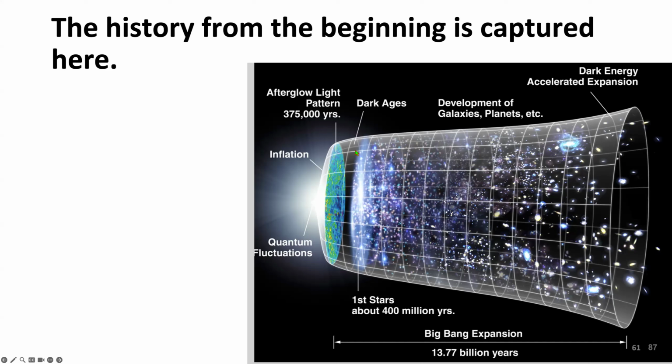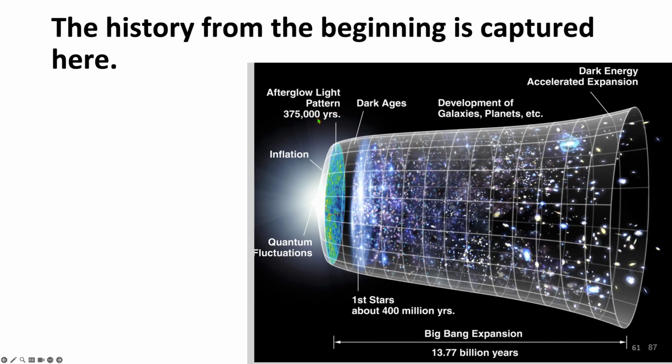Another interesting thing about this interval is when there were no atoms, it was just light flying around in the universe. The universe became transparent at this time. So that light produced prior to this time now could flow freely, and we still can detect it. And we see this, it's called the cosmic microwave background.